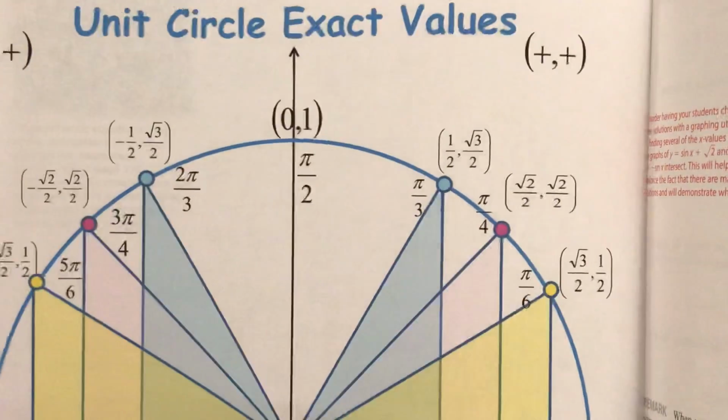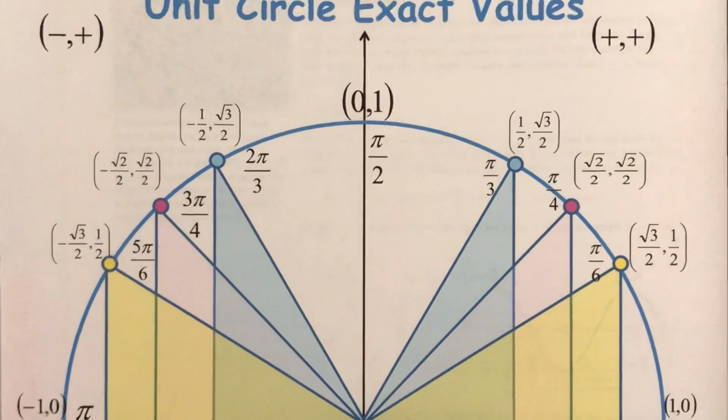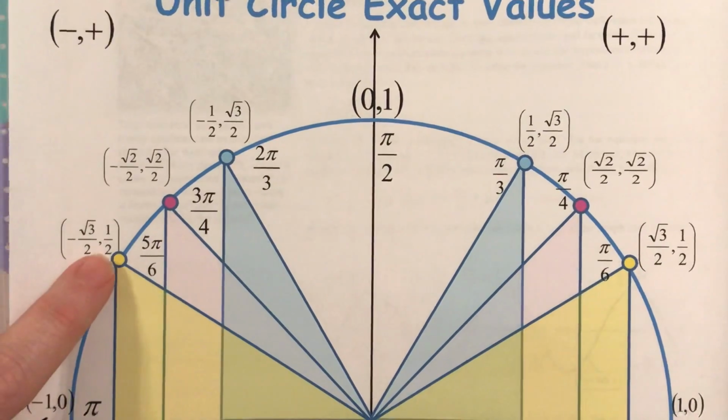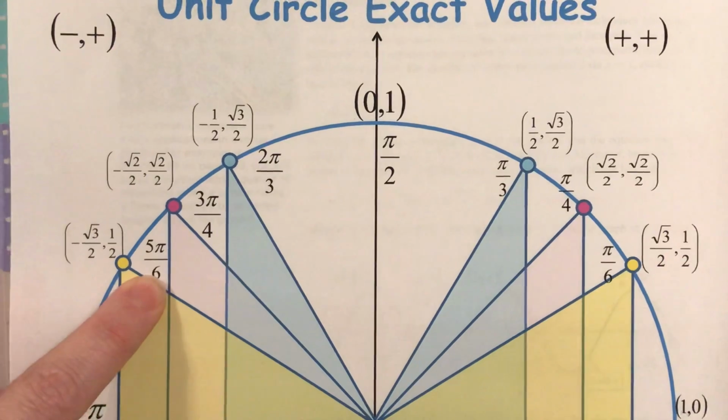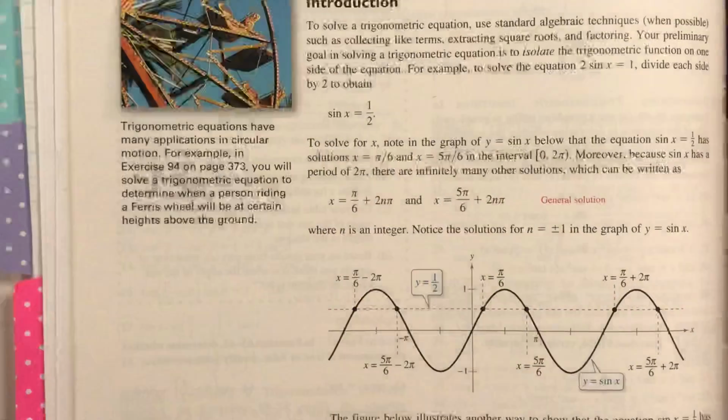You're also, if we can get over here to the other side, when y is 1/2, at 5 pi over 6. So you have two answers here.